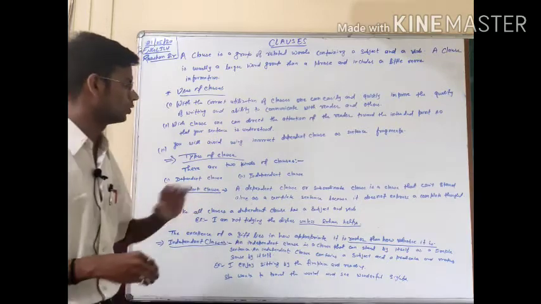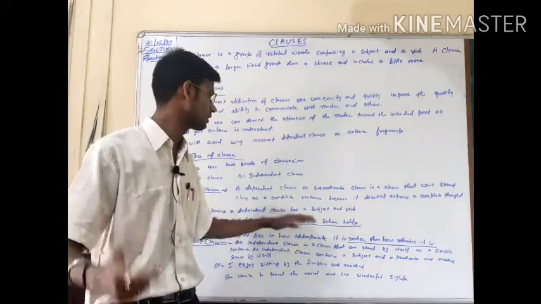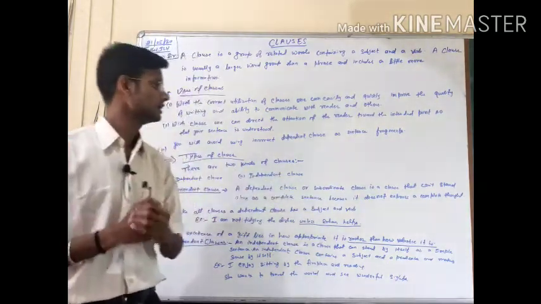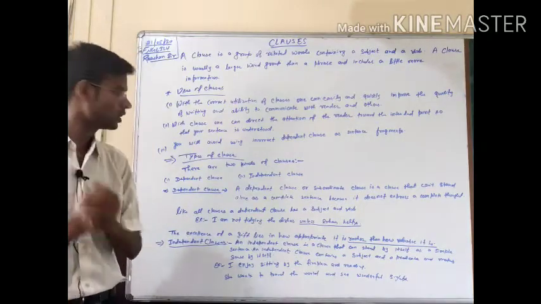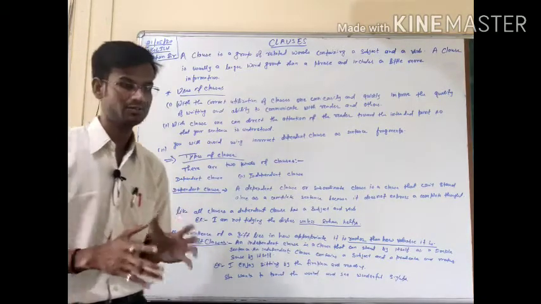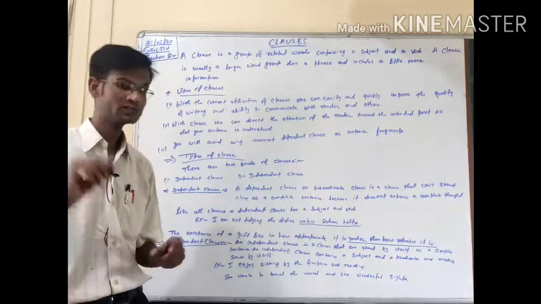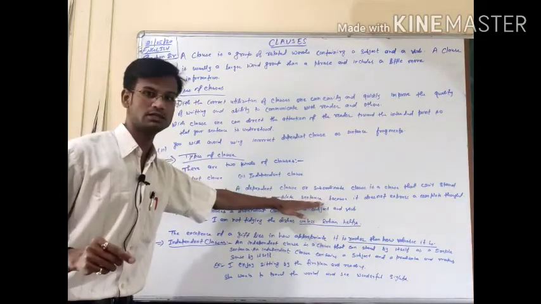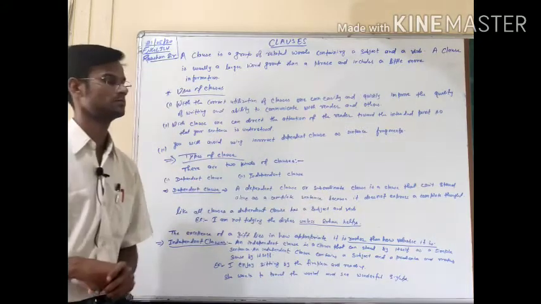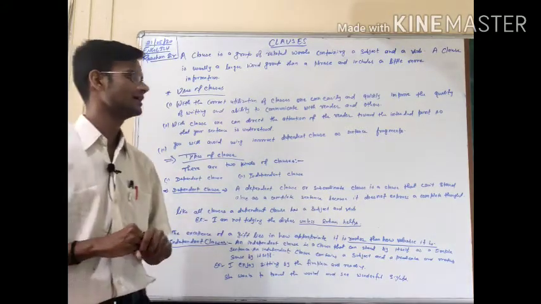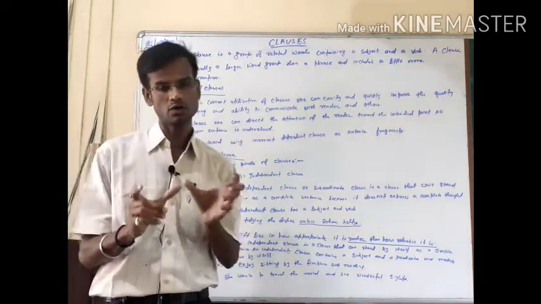A dependent clause, or as I told you earlier, the subordinate clause, is a clause that cannot stand alone as a complete sense, because it does not express a complete thought.